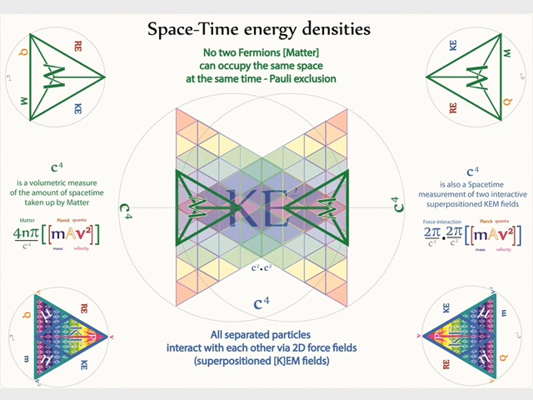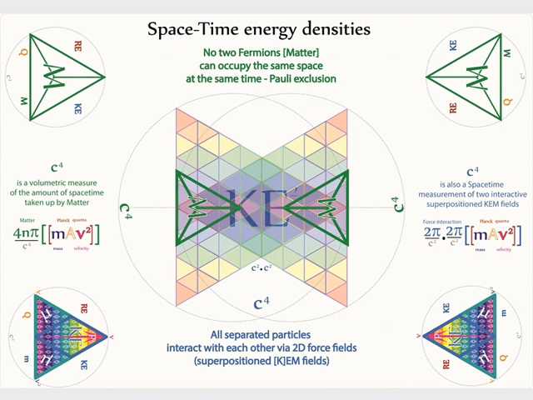As separate objects of matter, they would have kinetic energy fields whose mass energy is measured per c squared. When they superposition and interact, their fields are c to the fourth kinetic energy squared, or the mass of the kinetic energy is determined by dividing the square of the kinetic energy by c to the fourth.